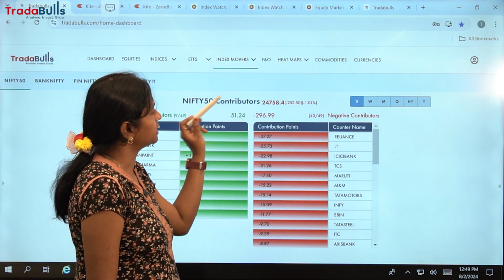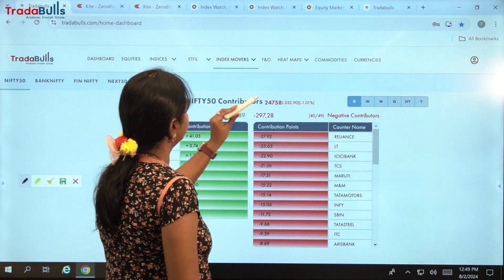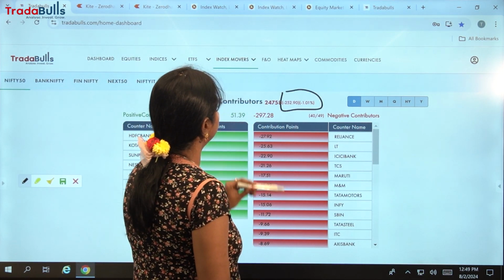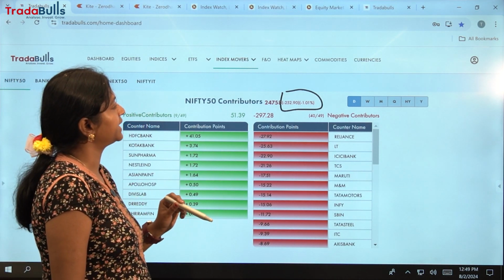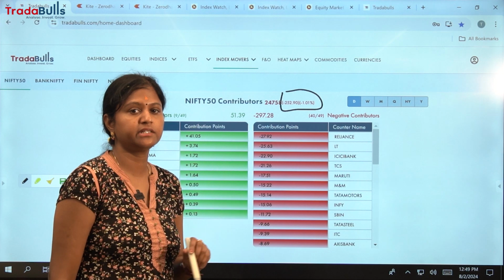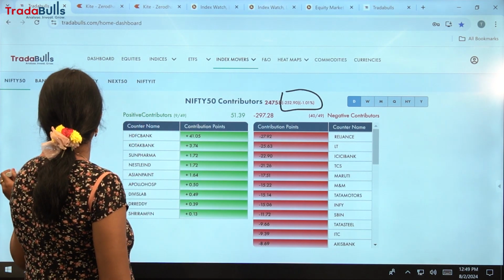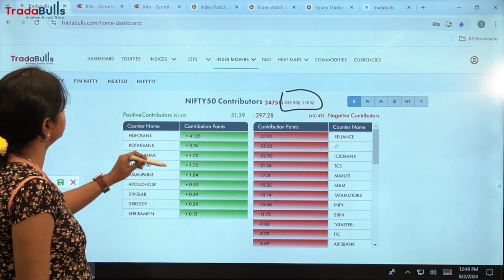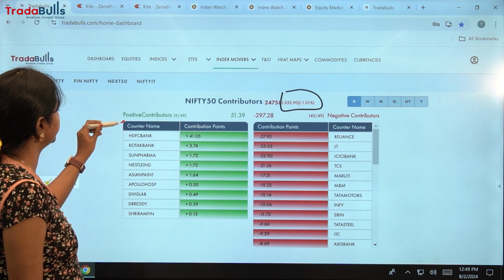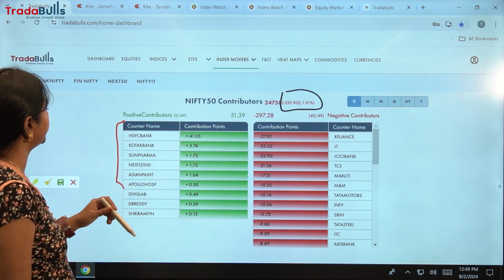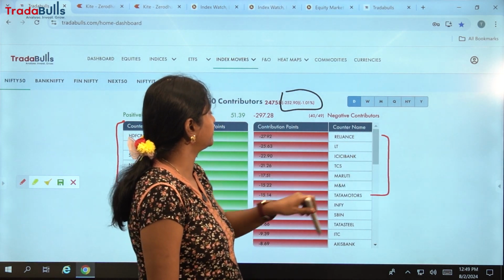The total overall contribution, if you see here, is minus 252.90, a percentage of minus 1.01, which is on the negative side. On this side, the green ones denote the positive contributions. These are the top 5 positive contributors, and these are the top 5 negative contributors.